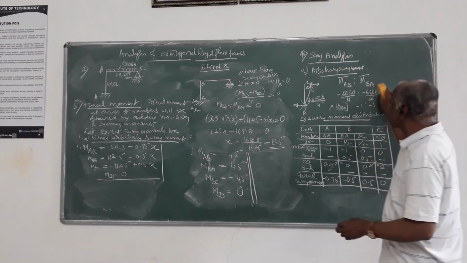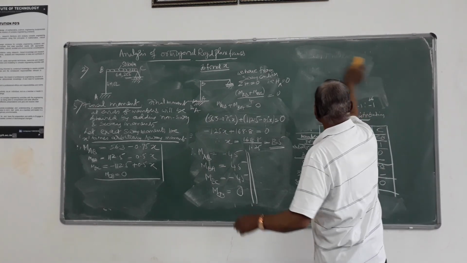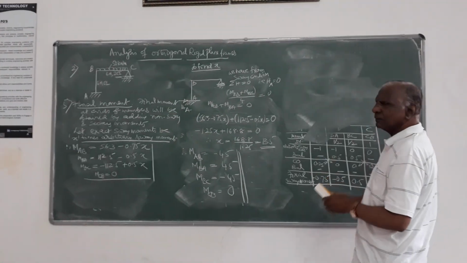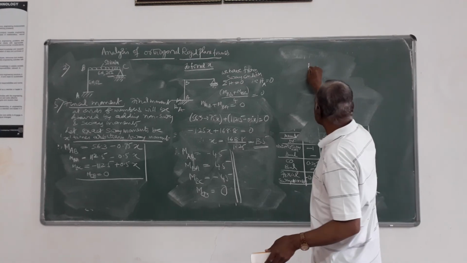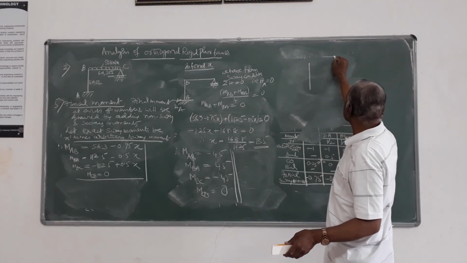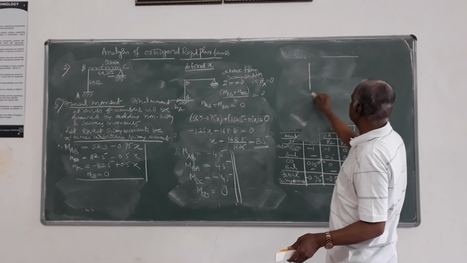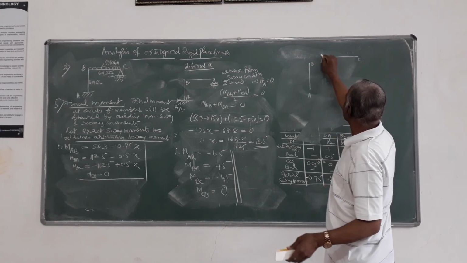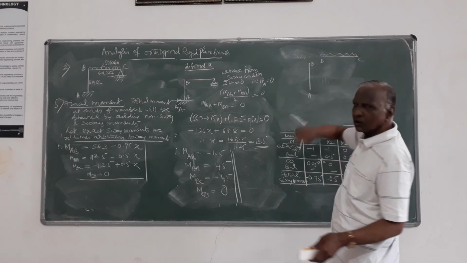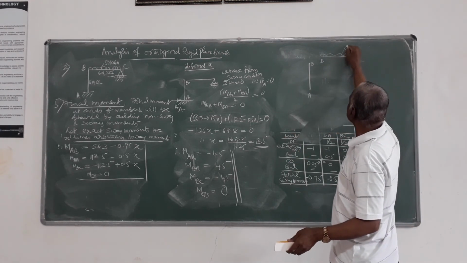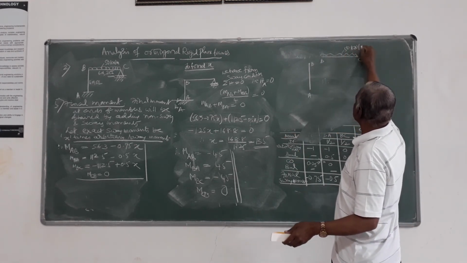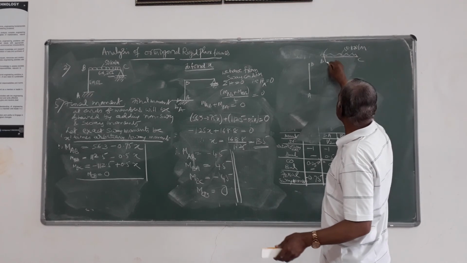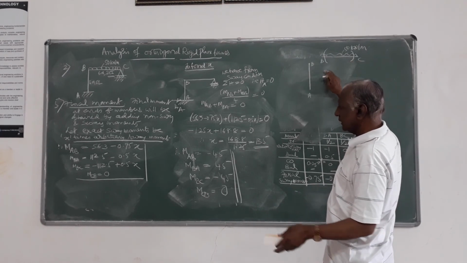Now you can plot the Bending Moment diagram that completes the picture. So while plotting the Bending Moment diagram, I will take the members separately, A B, B C. I'll mark all the loading. So here 50 kilonewton per meter. So here we got moments here.